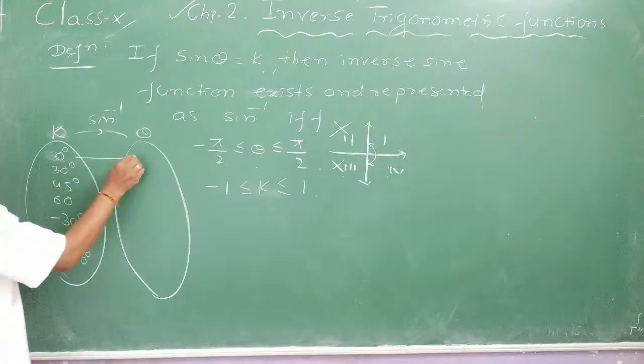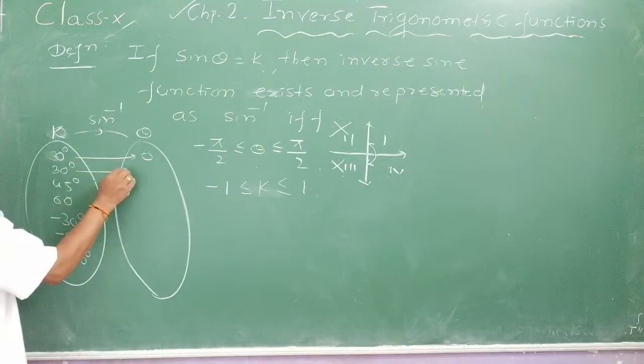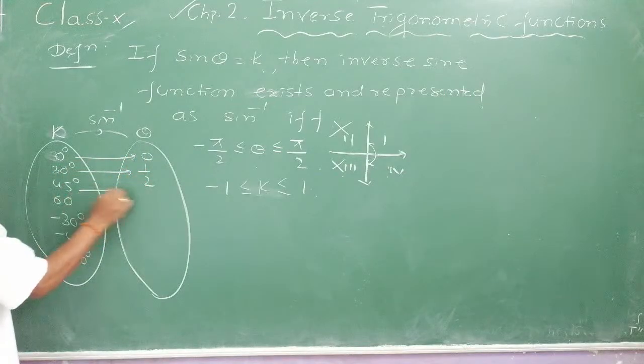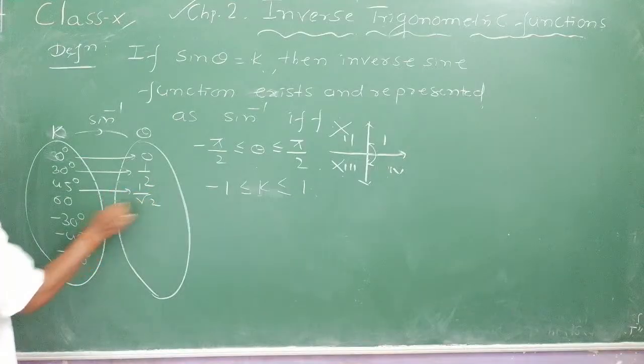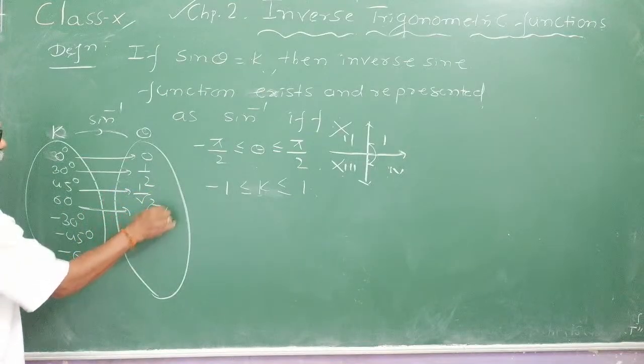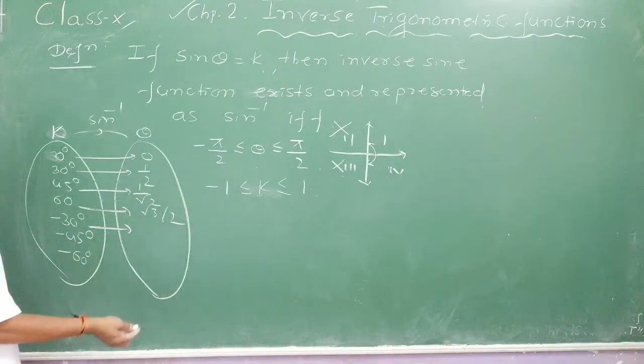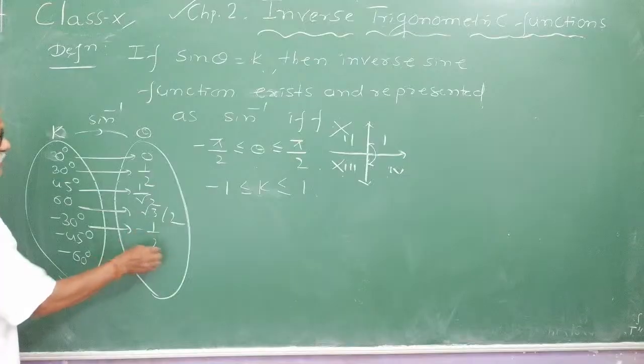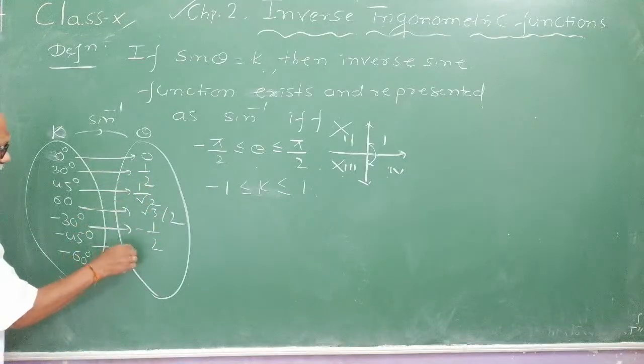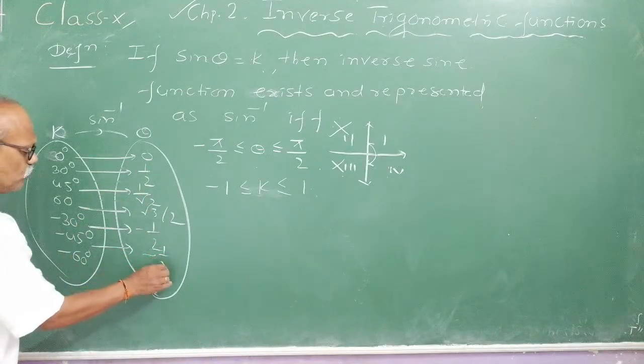And what is sine 0 is 0. What is sine 30 is 1 by 2. What is sine 45 is 1 by root 2. What is sine 60 is root 3 by 2. What is sine minus theta? Sine minus theta is minus sine theta. Then you get minus 1 by 2 is different from plus 1 by 2. Sine minus 45 is minus 1 by root 2.